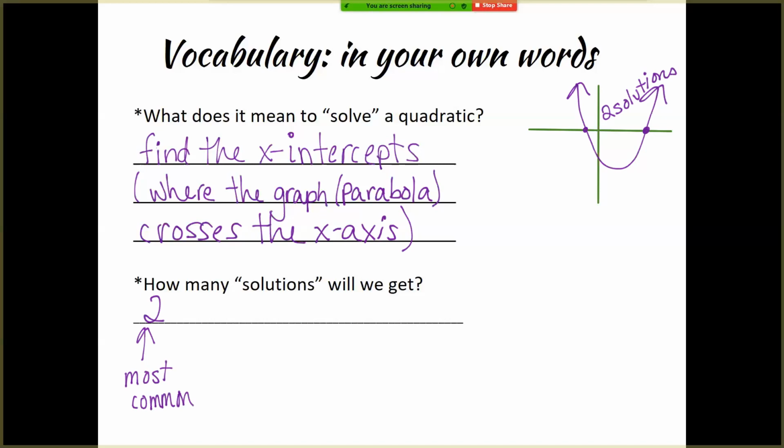Your graph will cross the x-axis 2 times. A less popular graph would be just your vertex touches the x-axis. You would just have 1 solution.